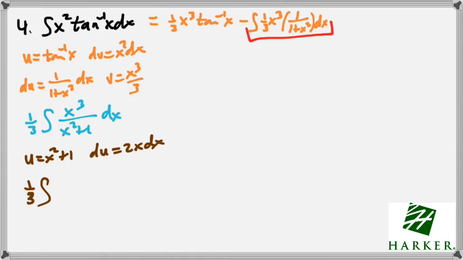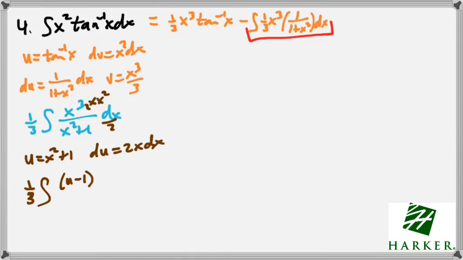And x squared is equal to u minus 1. So this is x times x squared, and x squared is u minus 1. So I've got the x squared taken care of. Now I get the x taken care of. Well, I'm going to put a 2 and a 1/2.